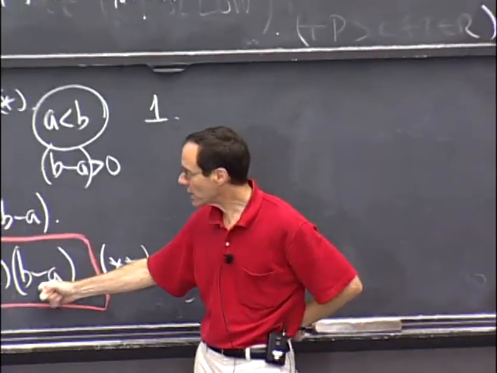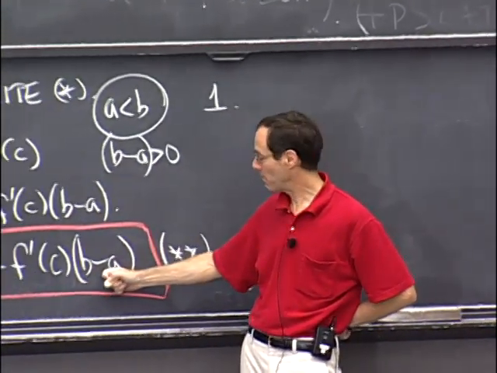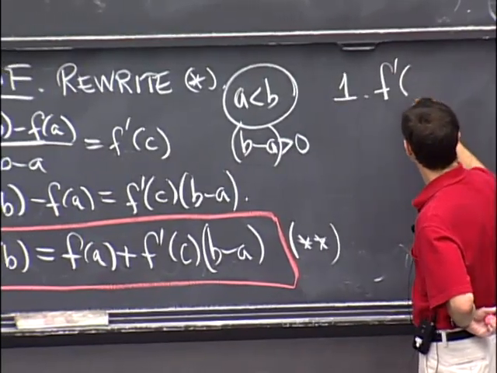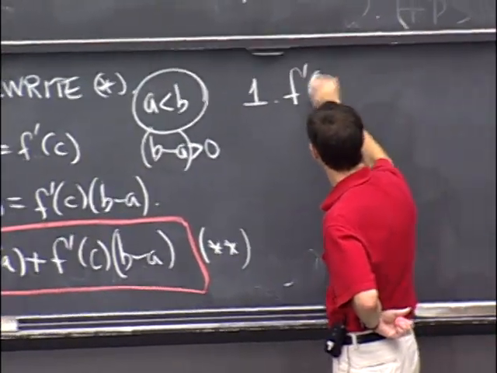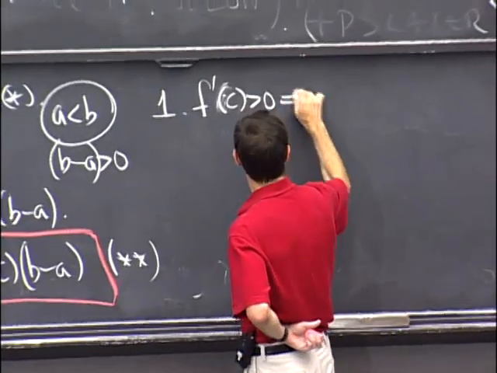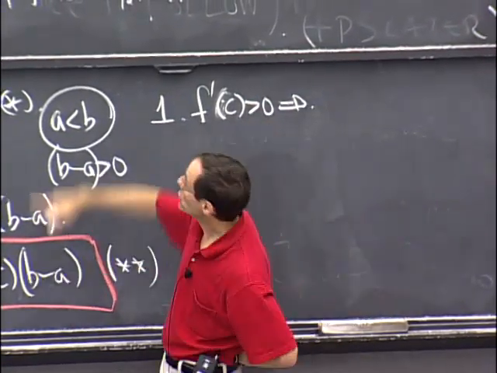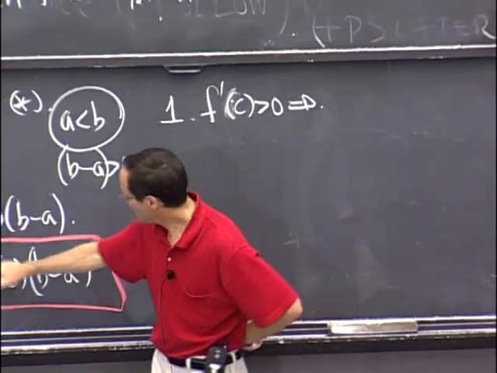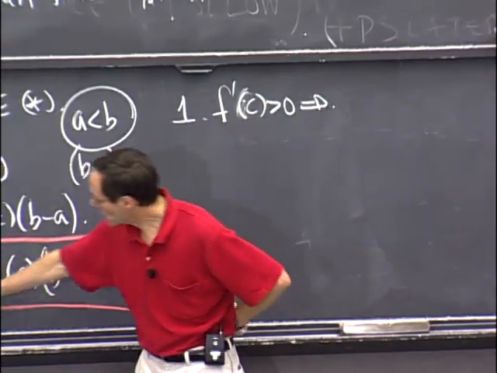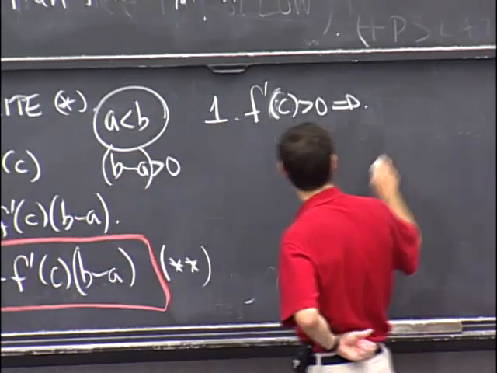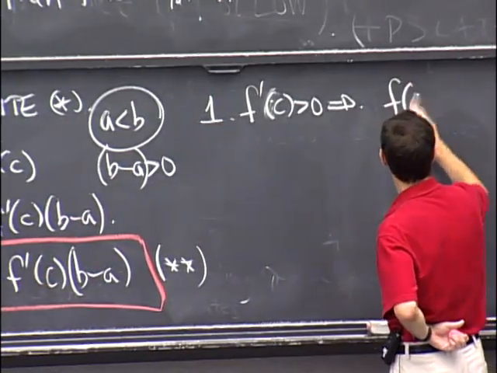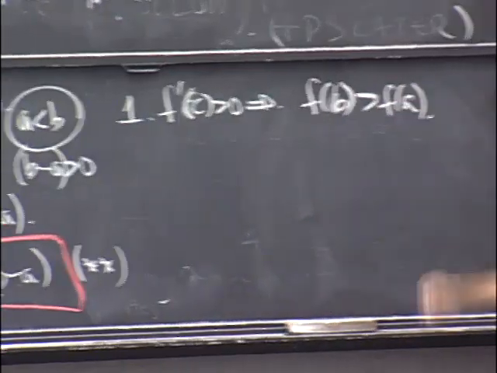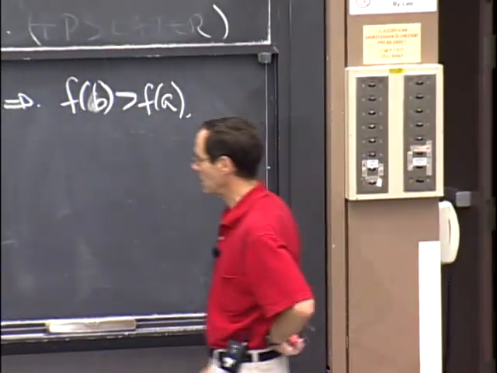Which means that this factor over here is a positive number. If f prime is positive, then, which is what happens in the first case, that's the assumption that we're making, then this is a positive number, and so f of b is more than f of a. Which means that it's increasing. It goes up as the value goes up.